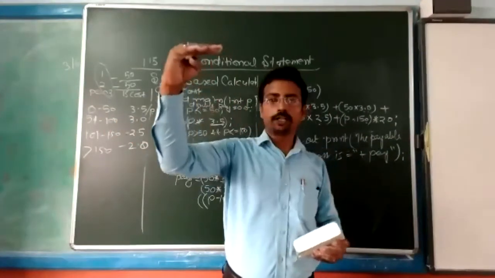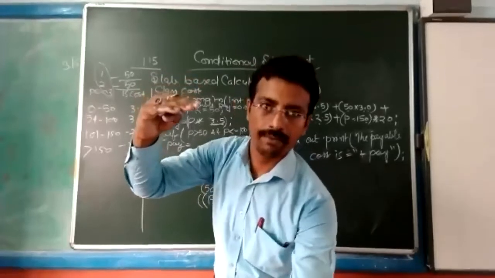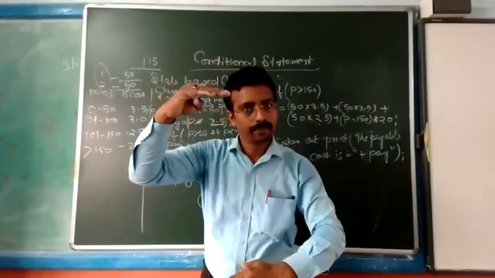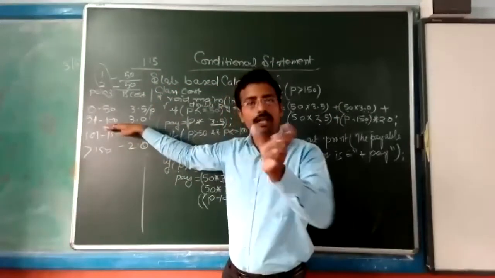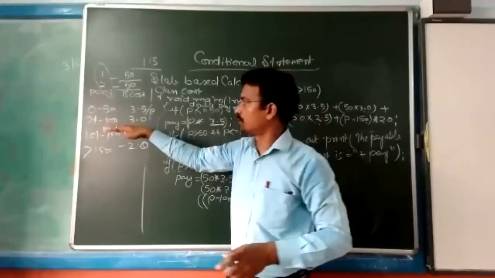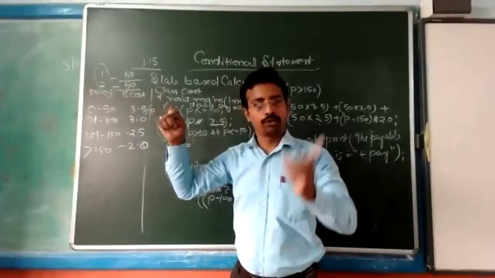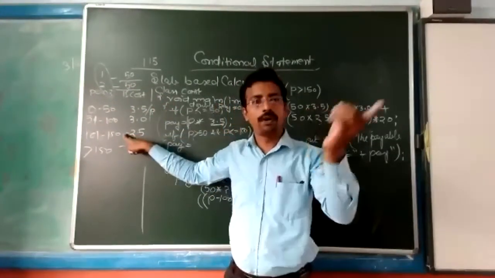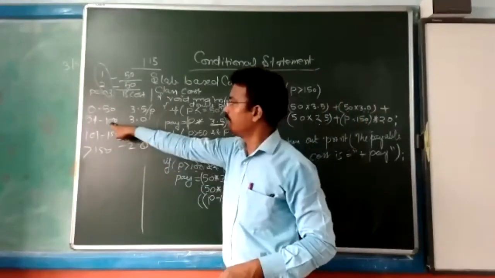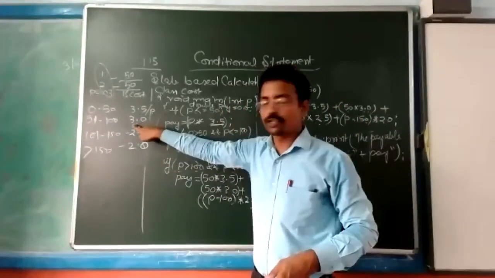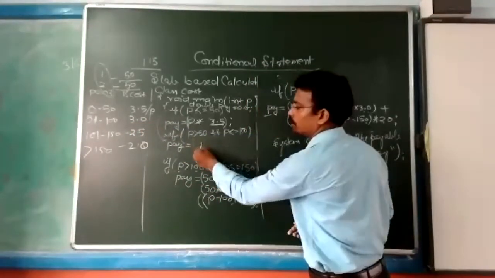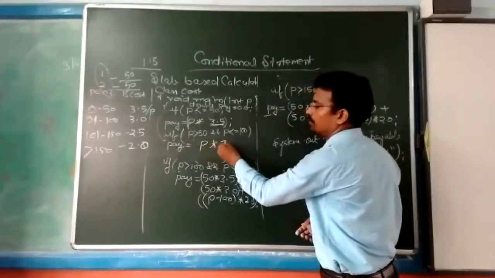Slab means it is following a slab, starting slab, afterward, like floors built one on another. But here it is said a range, and the range value is what? Suppose I have given 61. So 61 is not going to follow this range, it is going to follow this range. So our direct calculation says we will take every value and multiply with 3 rupees only. So payment is equal to P into 3 rupees.